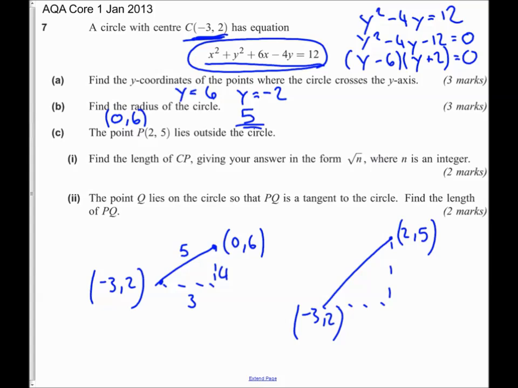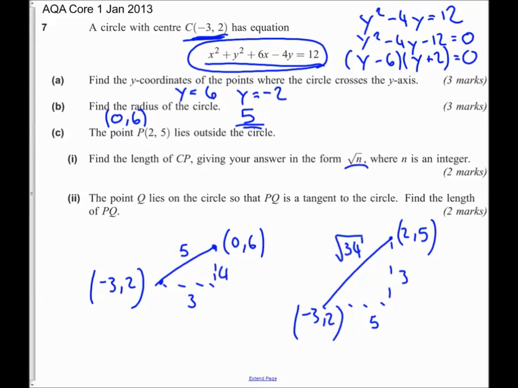So to go from -3 to 2, I'm going across 5, and to go from 2 up to 5, I'm going up 3. And then doing Pythagoras, I get 5 squared is 25, 3 squared is 9, 25 plus 9 is 34, so we get the square root of 34 as being my root n.